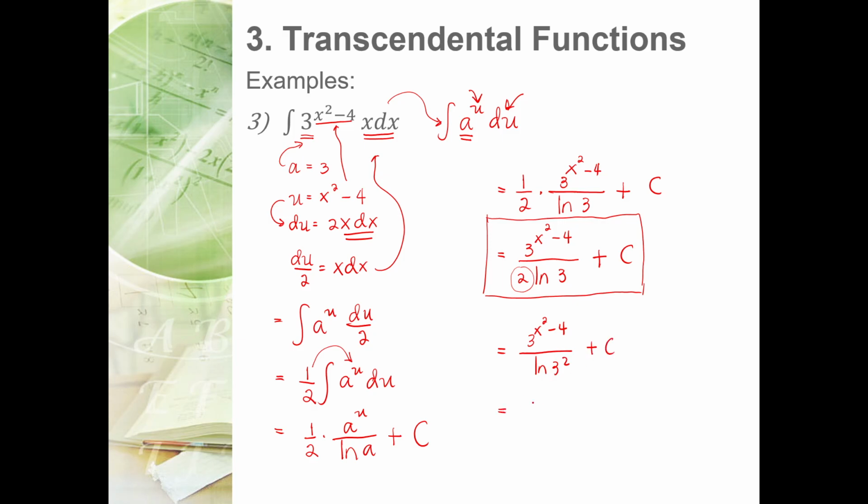So of course that is not the final answer because it's not simplified. So the final answer is this one, ln 9 plus c. So it could be this answer also. I'm fine with the coefficient of the log functions.